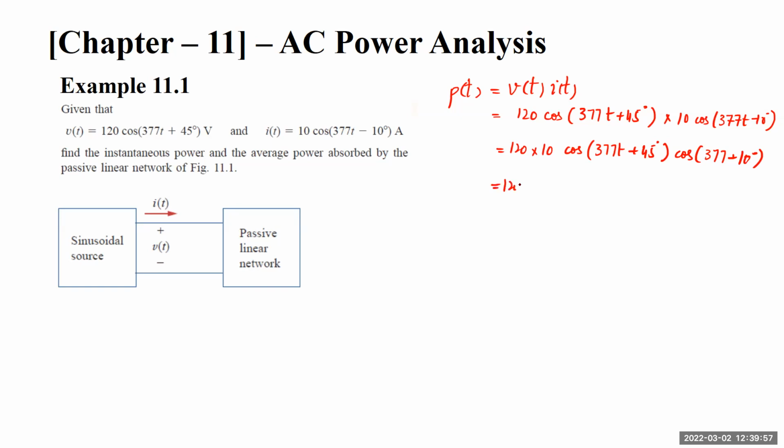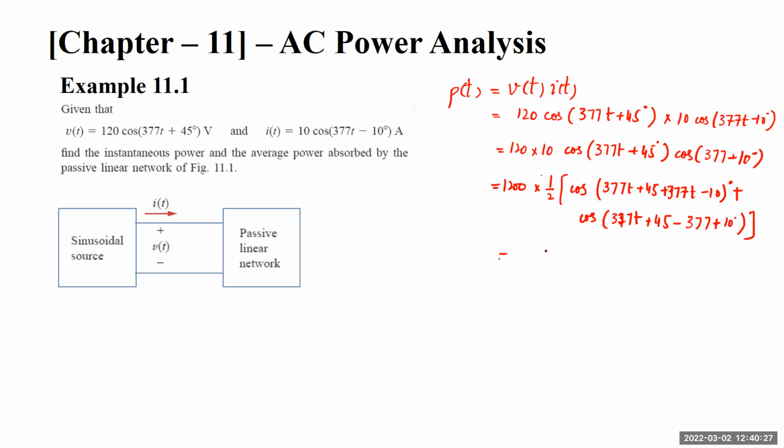Using the formula, 1200 multiplied by 1 by 2 cos of a plus b, that is 377t plus 45 plus 377t minus 10, plus cos of a minus b, that is 377t plus 45 minus 377t plus 10 degrees.